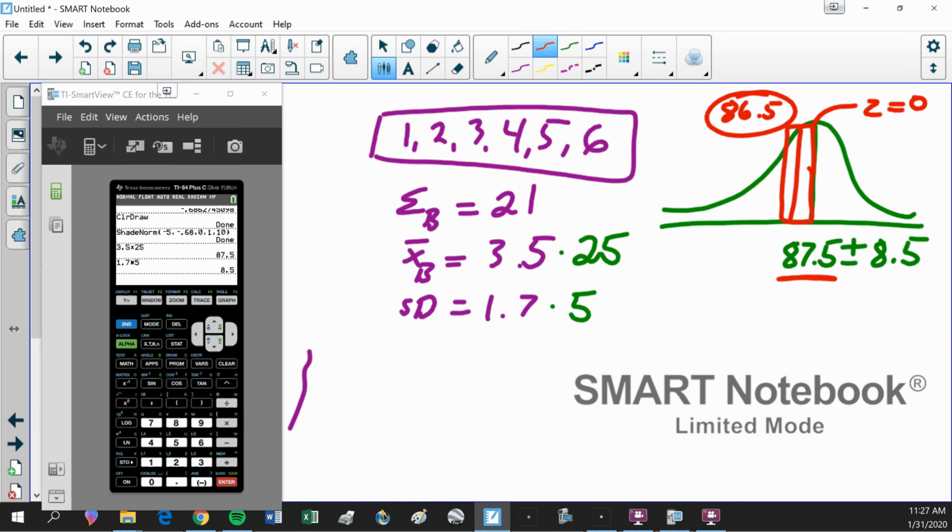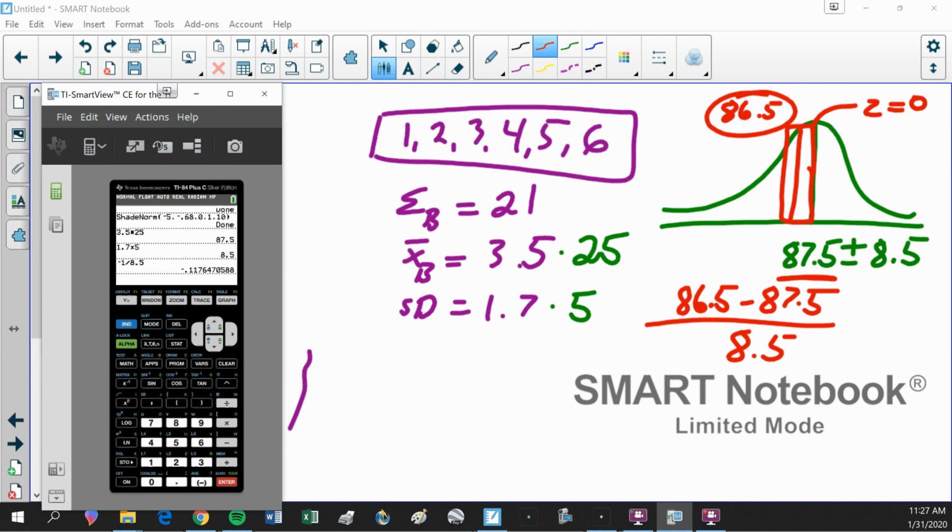So to find the z-score of the left side, we do 86.5 minus 87.5 and divide that by 8.5. The numerator will be negative 1 divided by 8.5. And I want to shade norm from negative 0.1176 to 0.